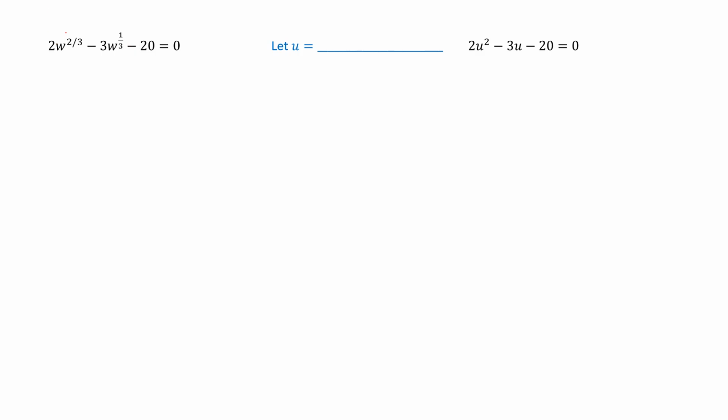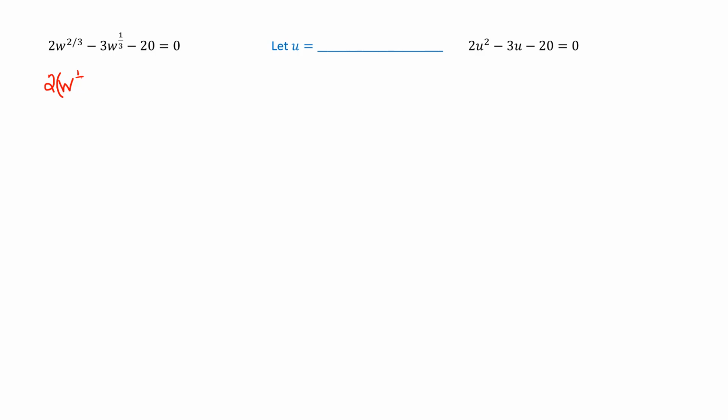So you've got 2w to the 2/3 minus 3w to the 1/3 minus 20 equals 0. This is in the form of a quadratic. It's just that it's 2 times w to the 1/3 squared minus 3 times w to the 1/3 to the first power minus 20 equals 0. So it immediately doesn't look like a quadratic form, but it actually is.